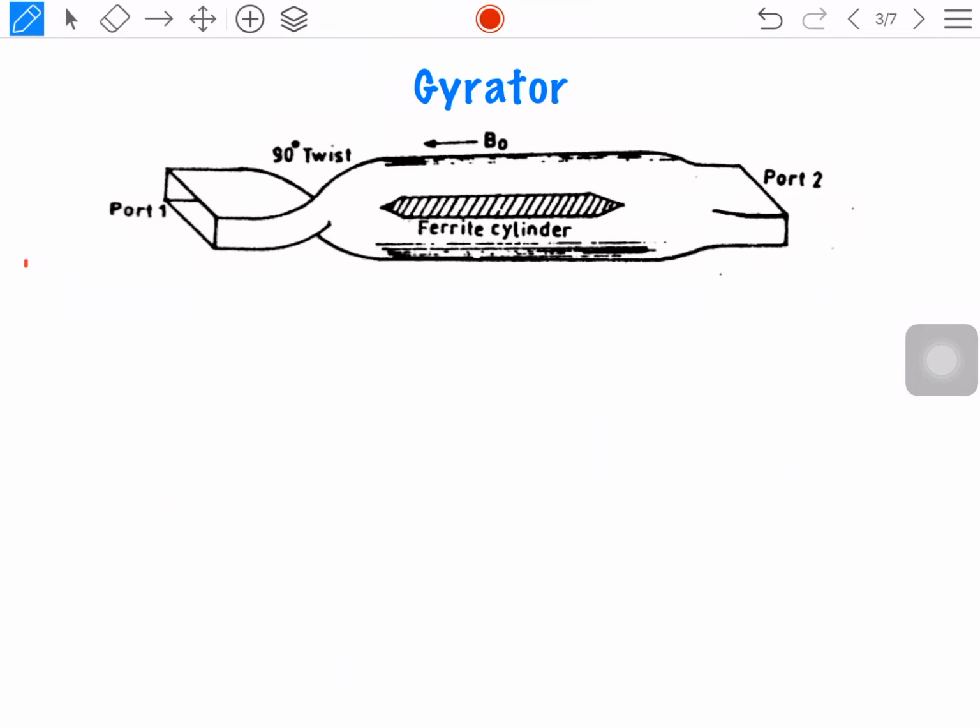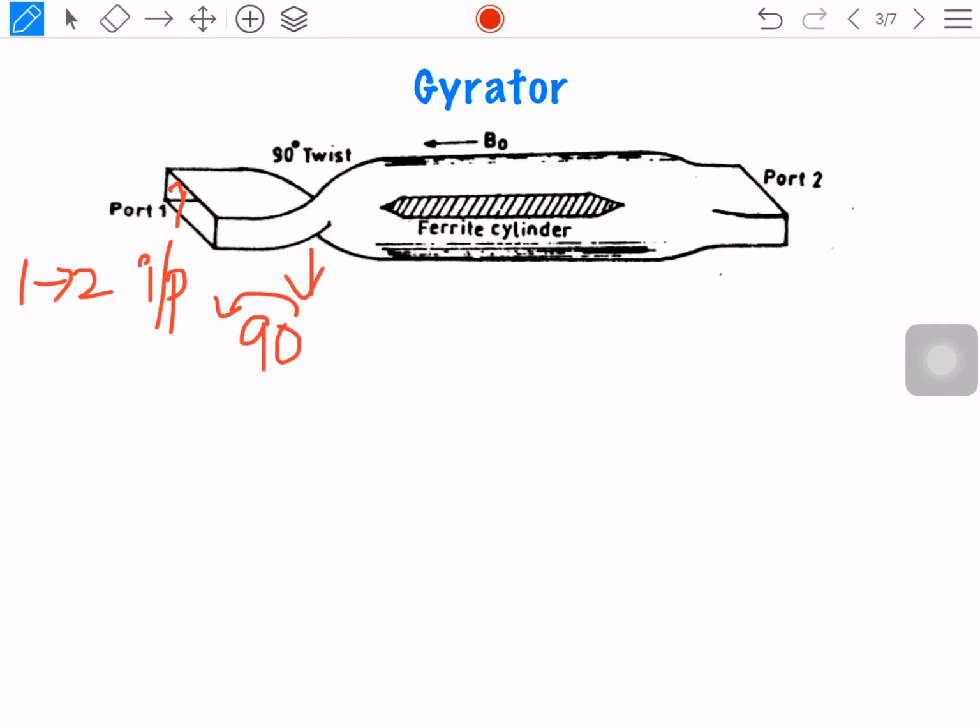Now I am saying that the wave is propagating from 1 to 2. A wave is incident at port 1, I am giving the input at port 1. The electromagnetic wave is now present at port 1. As this wave is moving ahead, because of this twist, a 90 degrees rotation in the anti-clockwise direction will occur on the electromagnetic wave.